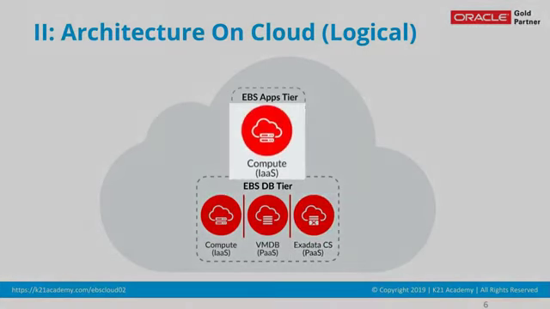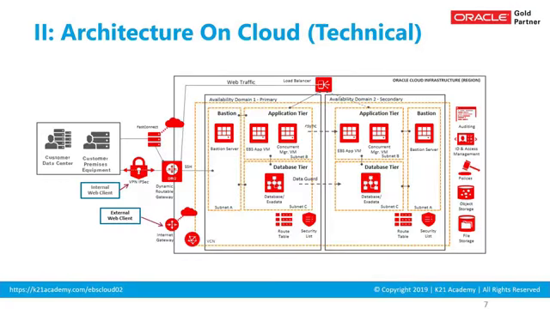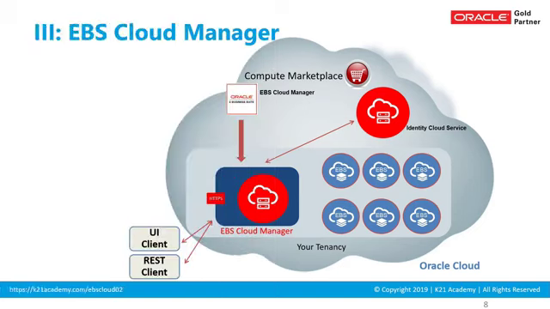For eBusiness Suite application tier, that's always infrastructure as a service on compute. That's mandatory. So this is the logical architecture for deployment of eBusiness Suite on cloud. This is the technical architecture, and I'm going to cover this in a minute when I talk about 4th point that you must know. So the third thing you must understand is EBS Cloud Manager.